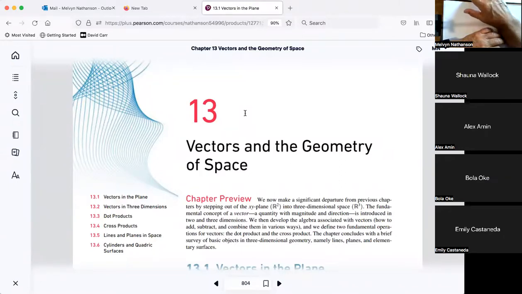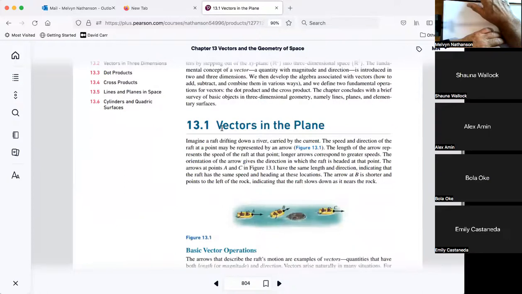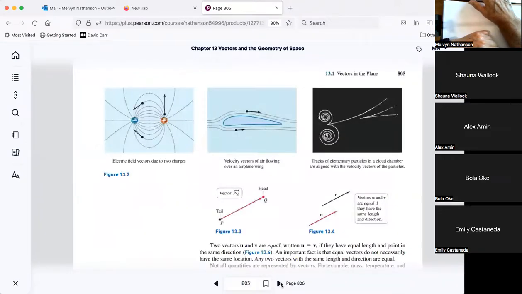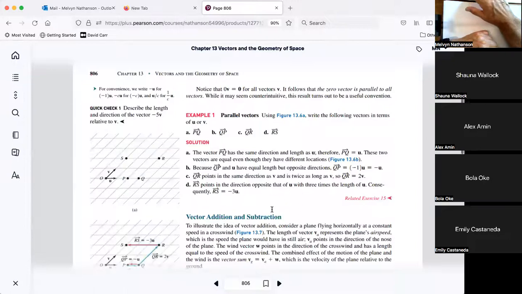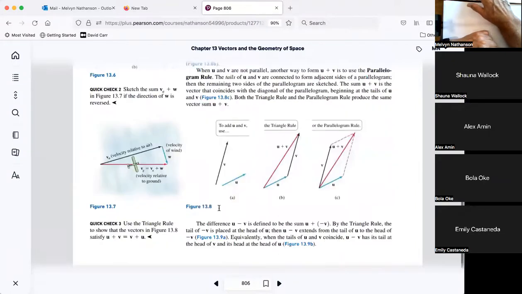So this is chapter 13. And section 13.1 is what I posted already on Zoom and have been discussing today. So these are just basic vector operations, vector addition and subtraction.